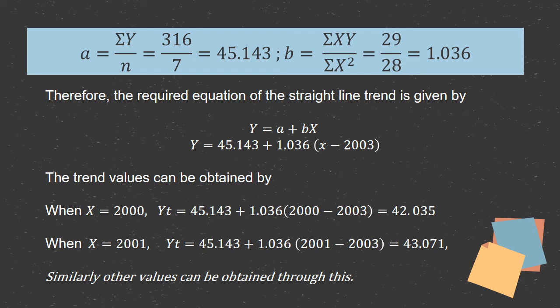When x = 2001, y t = 45.143 + 1.036 multiplied by the quantity 2001 minus 2003, which is 43.071. Similarly, other values can be obtained through this process.